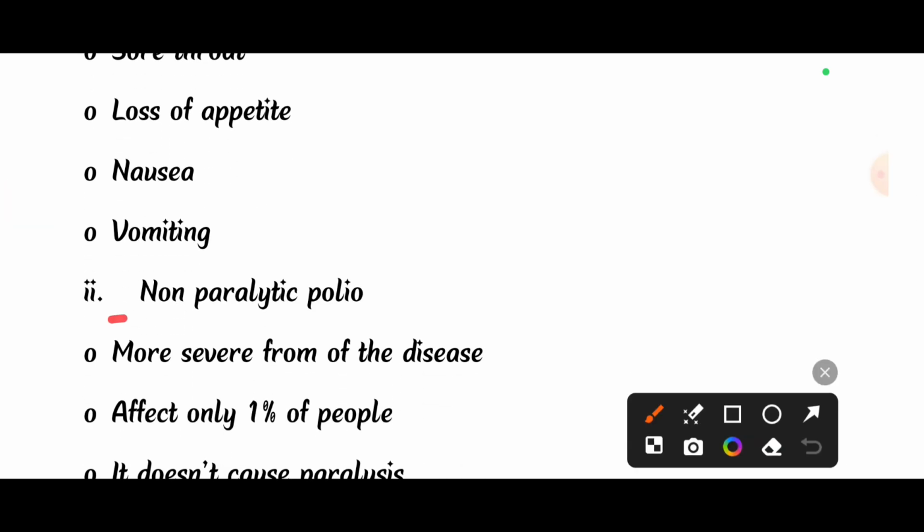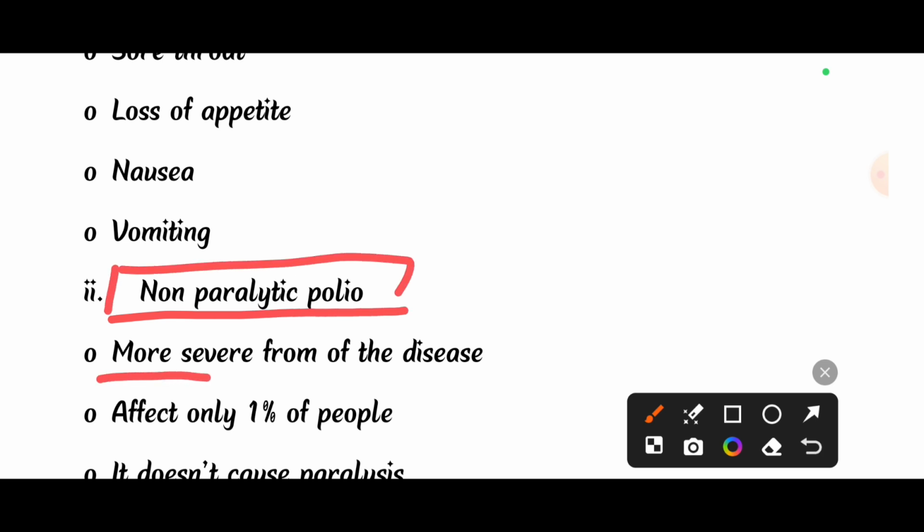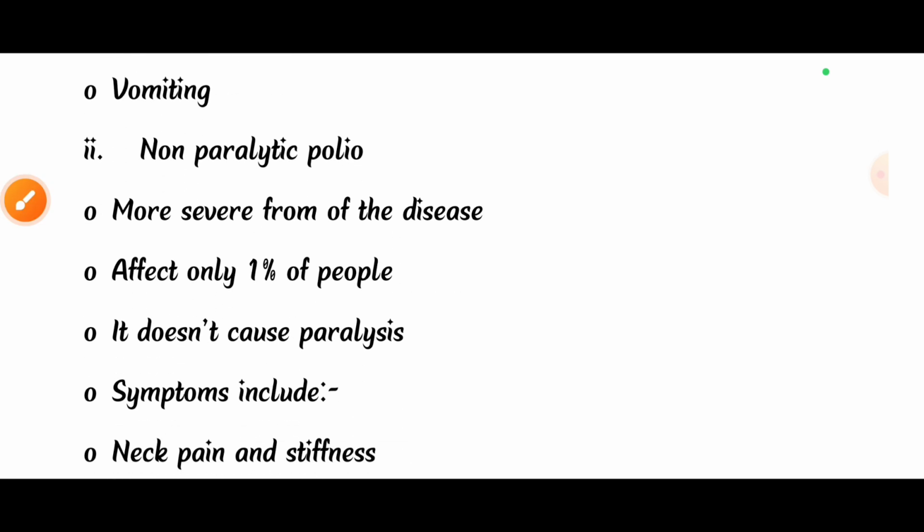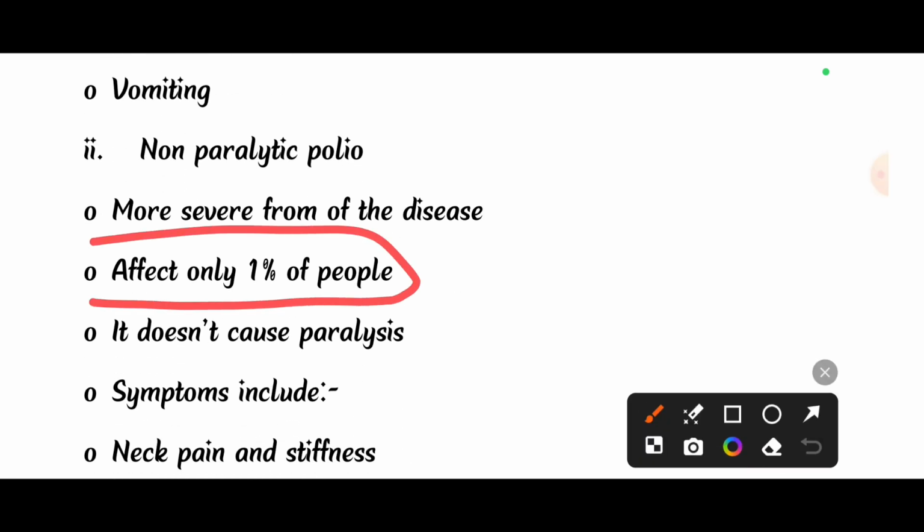Second type is non-paralytic polio. It is a more severe form of the disease and affects only 1% of people. It does not cause paralysis, so it is called non-paralytic polio.